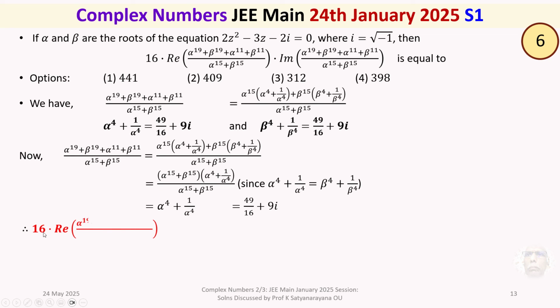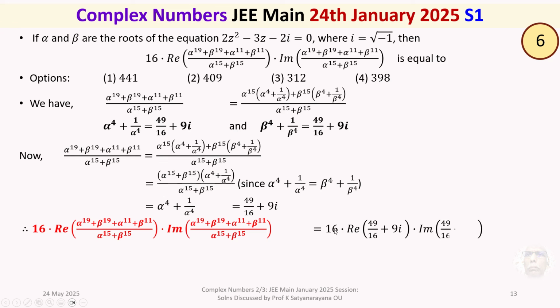Now, we are ready to compute 16 times the real part of the whole thing into the imaginary part of the whole thing. The real part of 49 by 16 plus 9i is 49 by 16.